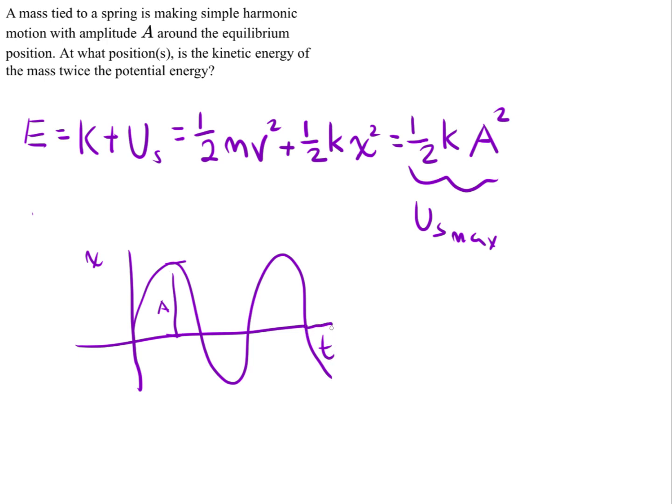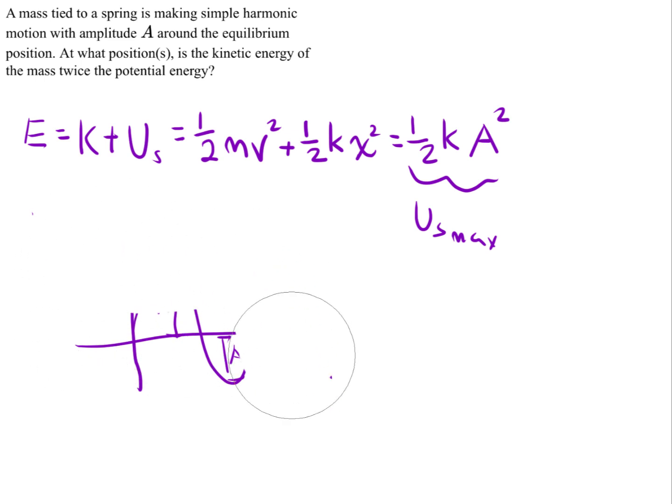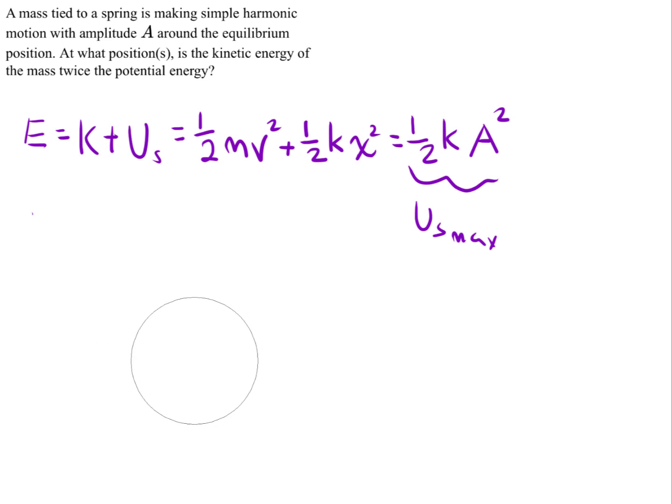So it's going to look something like this. It has its maximum potential energy here when it is at the far points of its motion. So when the spring is most compressed or most stretched at an amplitude A, which is the maximum distance away from the equilibrium point. So that is that.